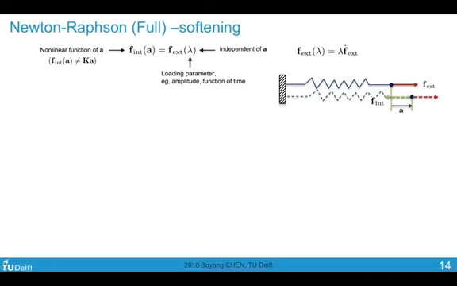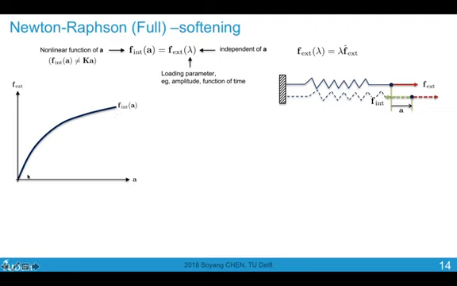So I will first present the full Newton-Raphson method for a softening spring. By softening spring, I mean that if I plot the external force versus A for equilibrium, I need the external force to be equal to the internal force. This is a graph of internal force in terms of A, and if the spring is softening subject to tension, then we can see that the slope of this graph is gradually reducing.